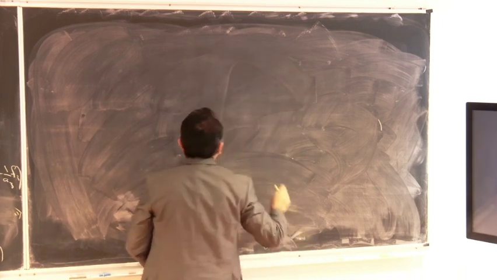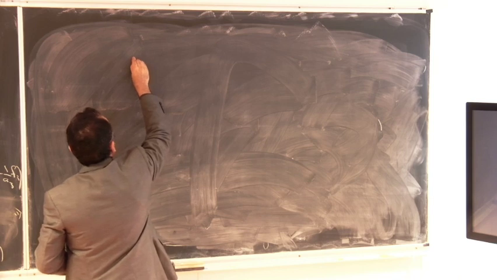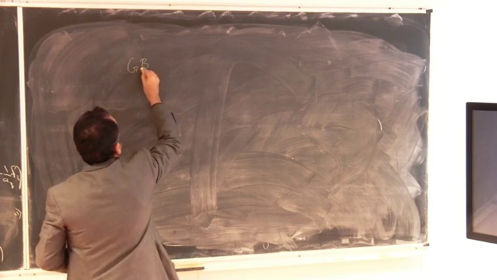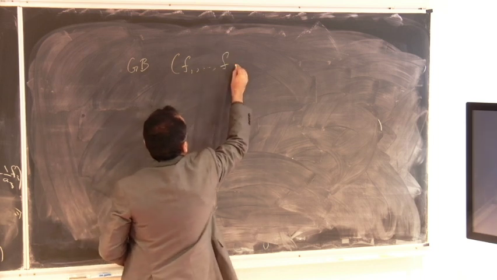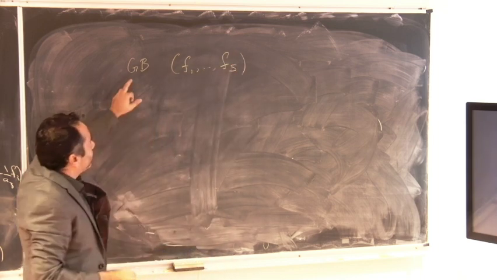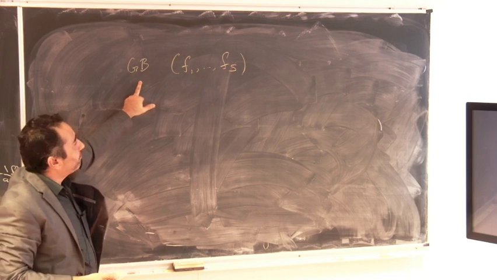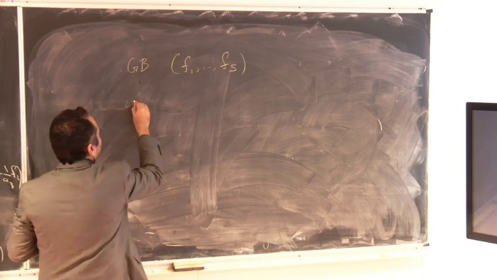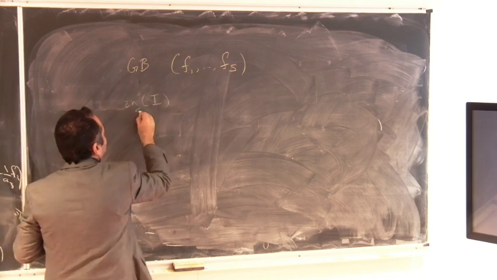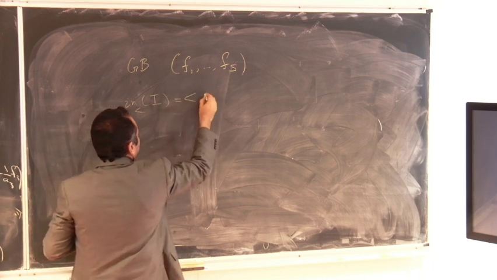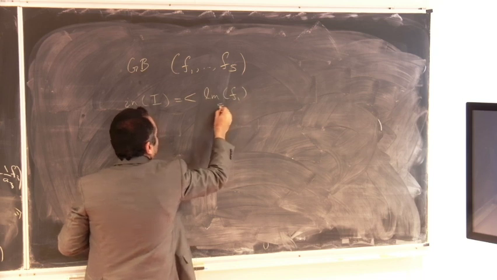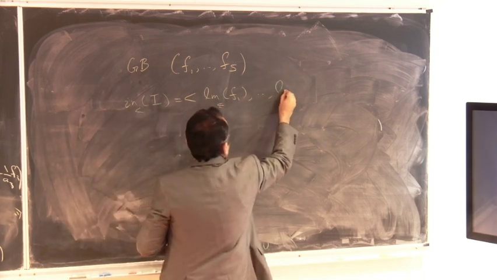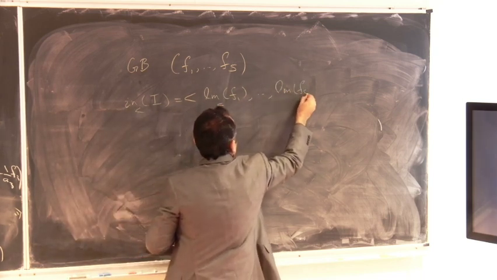let's say you have a Gröbner basis of the form F1 up to Fs. So if it is a Gröbner basis, by definition the initial ideal of I is given by the leading monomial of F1, and so on, up to the leading monomial of Fs.